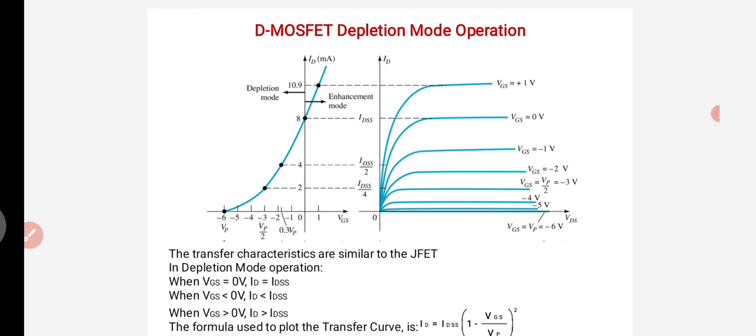In depletion mode of operation, when VGS equals 0, then ID equals IDSS. So here we have VGS equal to 0, VGS equal to some positive values, and VGS equal to some negative values.